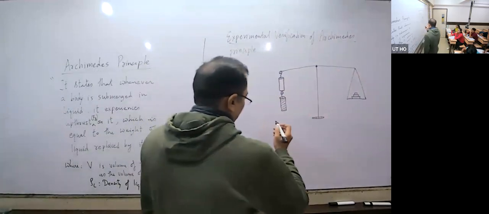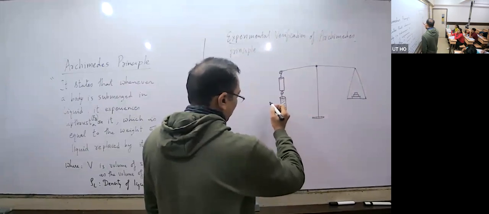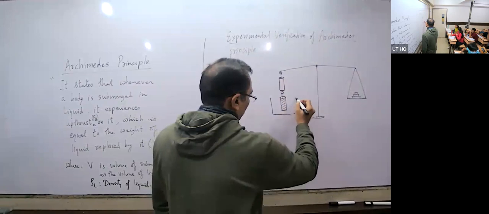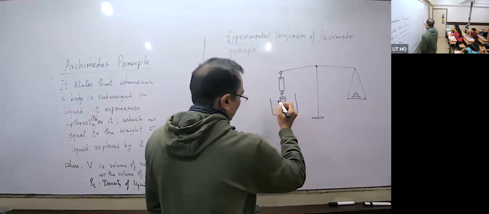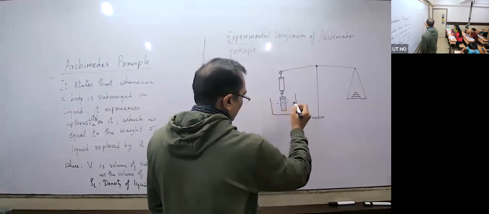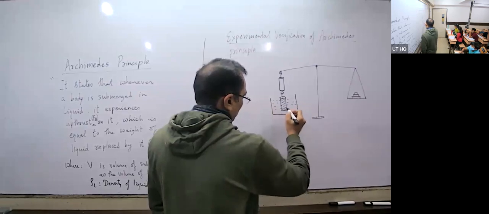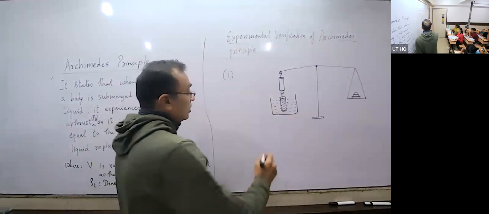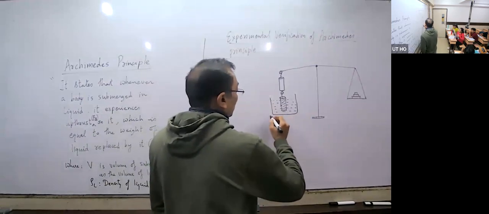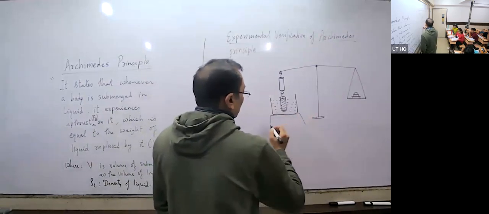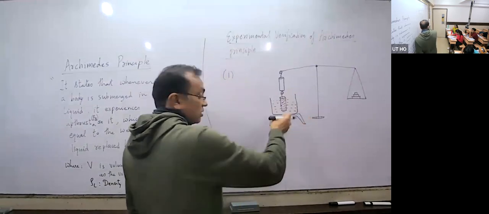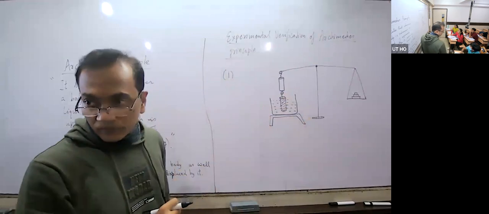Now what we are doing is we are introducing a beaker filled with liquid. Through some arrangement, we brought a beaker filled with liquid and submerged the lower cylinder into it.